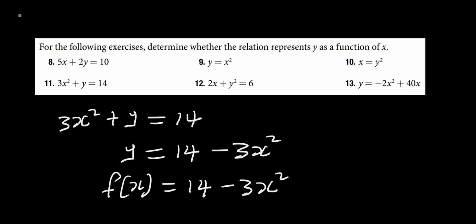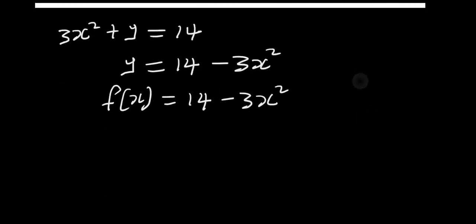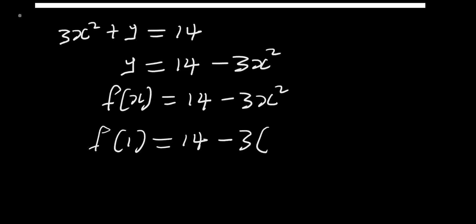So now, if you look at this relation carefully, you discover that every input plugged into this relation will lead to exactly one output. Let's plug in 1, for example. F of 1 is equal to 14 minus 3 times 1 squared.